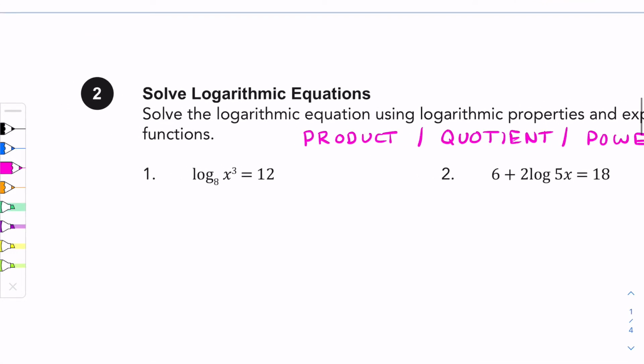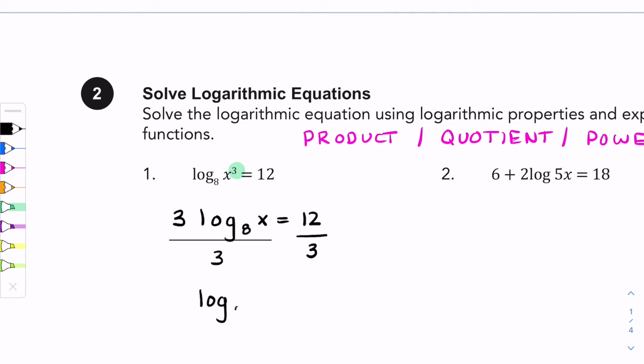So for number 1, we have log base 8 of x cubed, and that's equal to 12. I have that exponent where I can rewrite it as a multiplier. 3 times log base 8 of x is equal to 12. By doing that, I am now able to divide both sides by 3, and I eliminated that value right away.